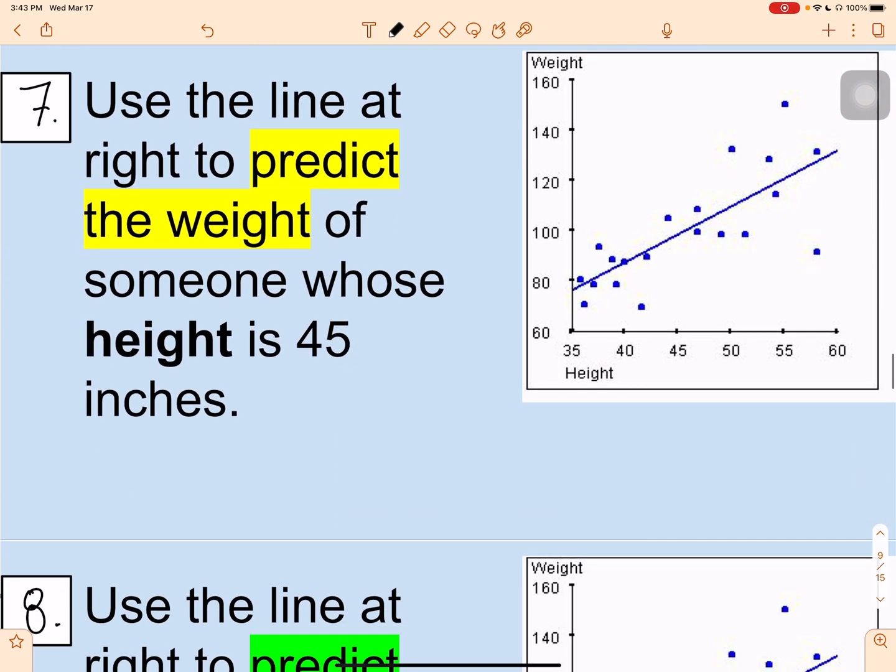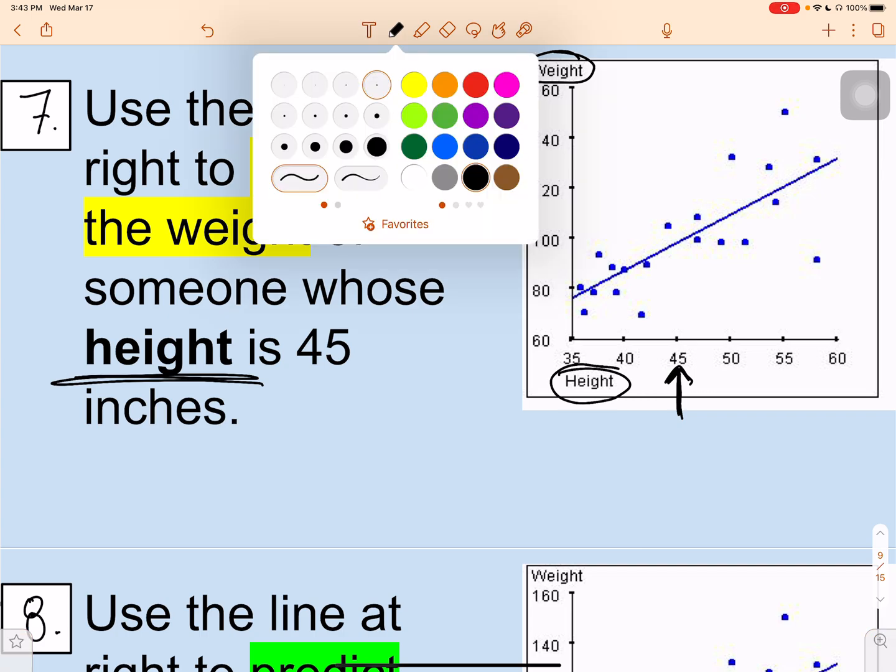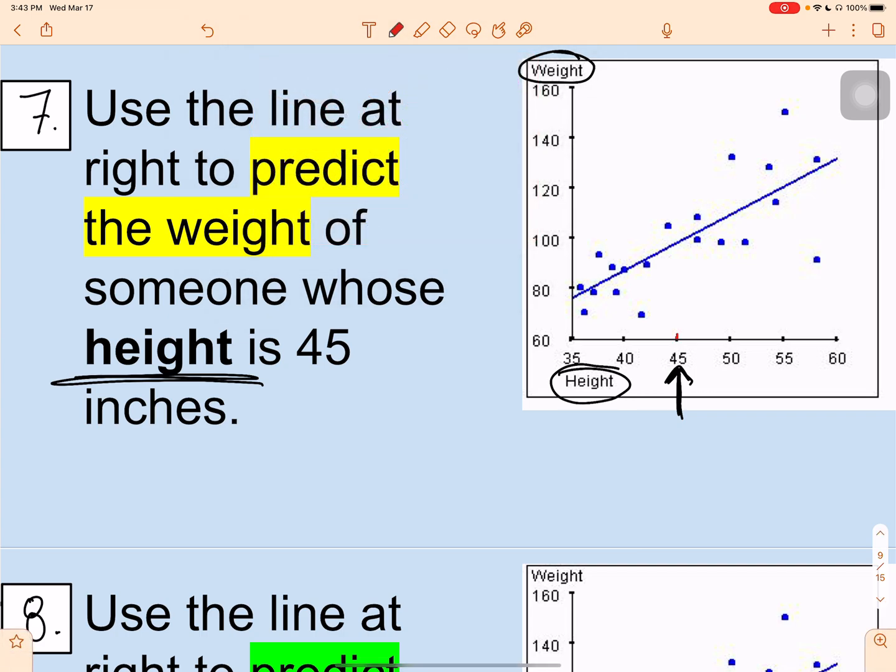All right, use the line at the right to predict the weight of someone whose height is 45 inches. So we know the height. So that's the first thing, we need to find the height on the graph. So I look at what's labeled on the y-axis and the x-axis, and I notice that the height is on the x-axis. So 45, this is what I'm given for the height. So to try to predict their weight, we want to use that line of best fit.